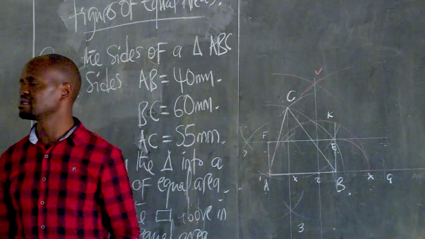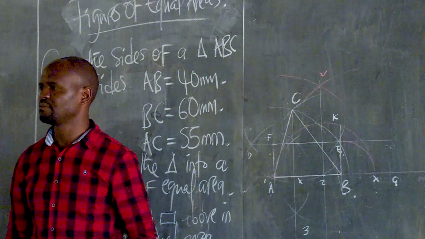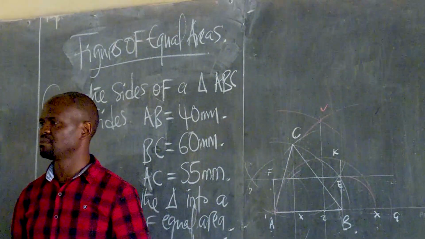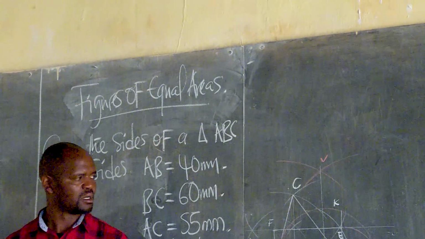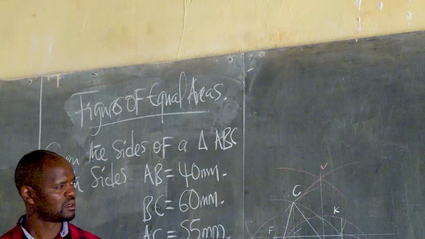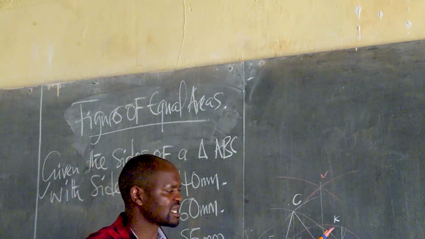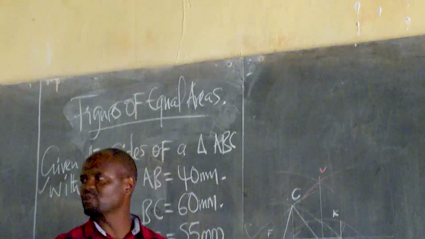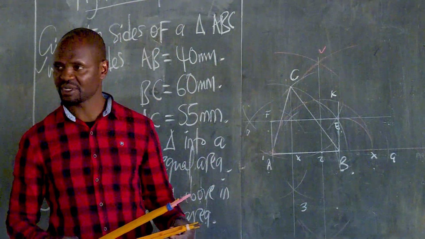Yes. So without changing the distance of the compass, we have to place the sharp point of the compass on G, then strike it up. Then after we strike it up, point the sharp compass on K, then also strike it up. That's where the lines will meet. So we come with this same distance here, not so? Yes, sir. We stand on which point? On G. Are we together?